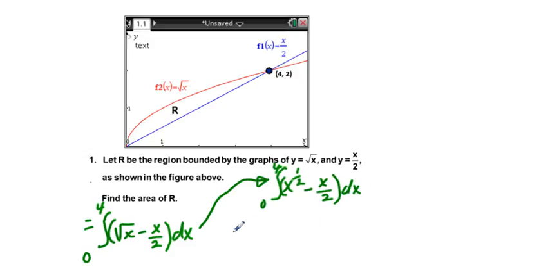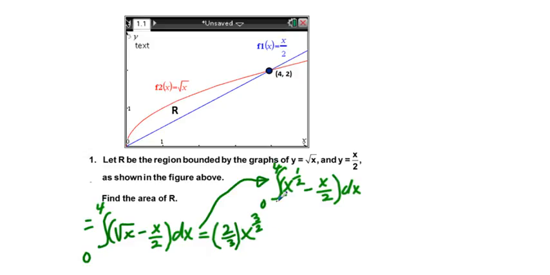And integrating, what that is going to be equal to is x to the 3/2 power, because 1/2 plus 1 is 3/2. And we're going to divide by 3/2, which is the same as multiplying by 2/3. So out front here, I'm going to multiply by the fraction 2 over 3.